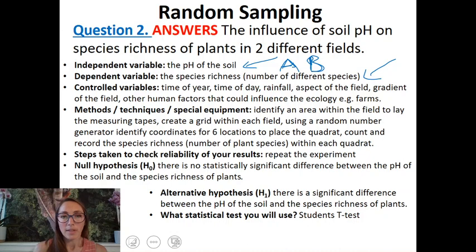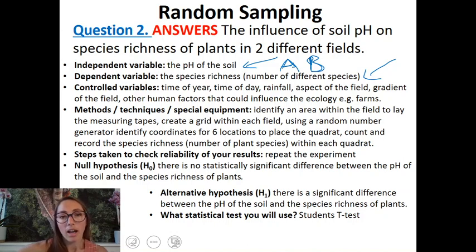Controlled variables, so again, because it's in ecology, it's a little bit hard to control them, but you can account for them, so you can make sure that you're going back again same time of year, same time of day. Has there been a similar amount of rainfall, because potentially that would affect things like the pH of the soil.